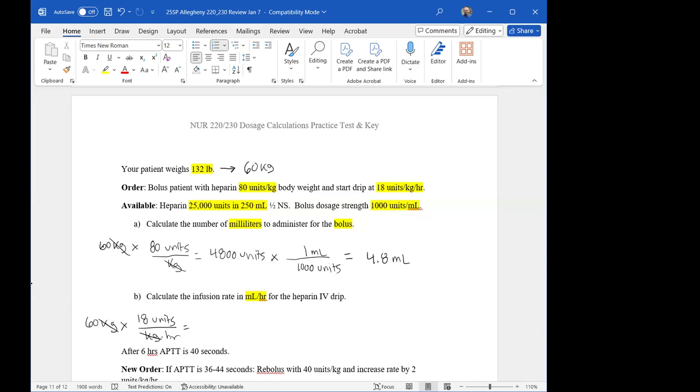So 60 times 18 gives me 1080. Wait, I hit the wrong button. 60 times 18. No, that's right. Okay, so 1080 units per hour.